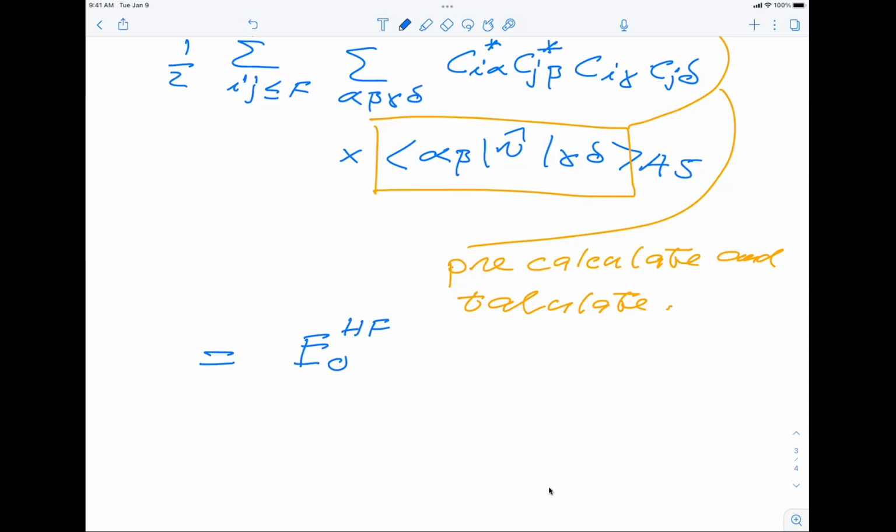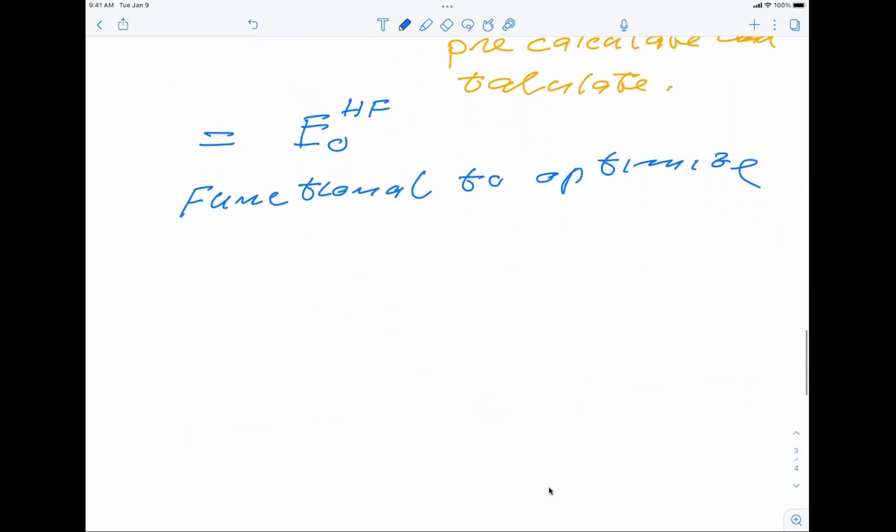Now, another constraint which I have is the constraint of orthogonality. That's going to give rise to these Lagrangian multipliers, which we need to add into the equations. So the final functional to optimize, let me just write this down here, is the following function.